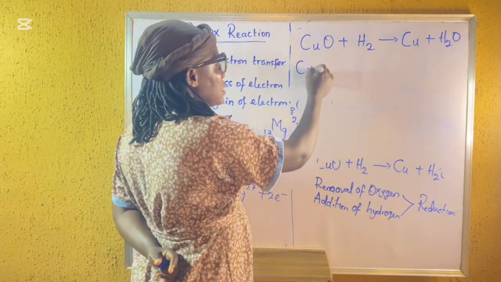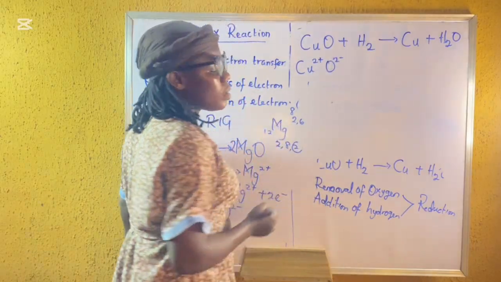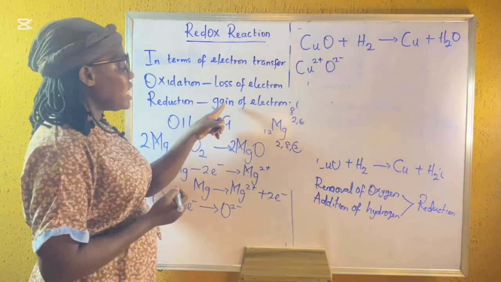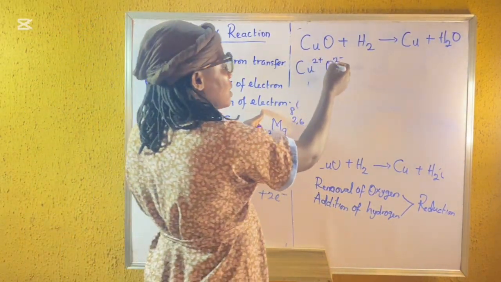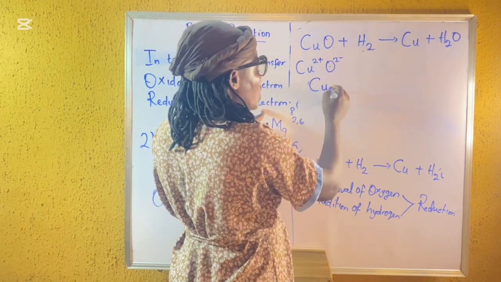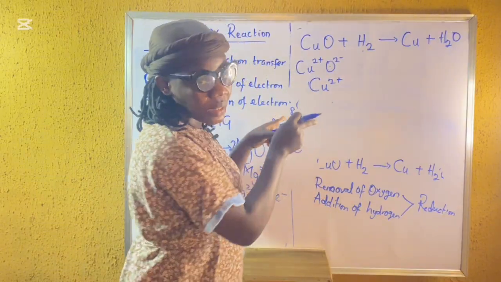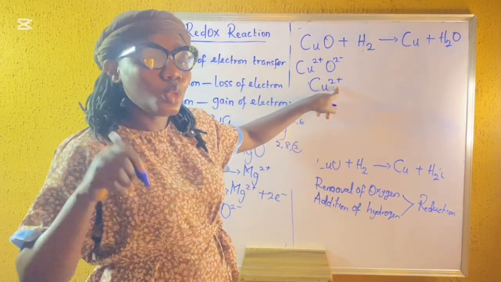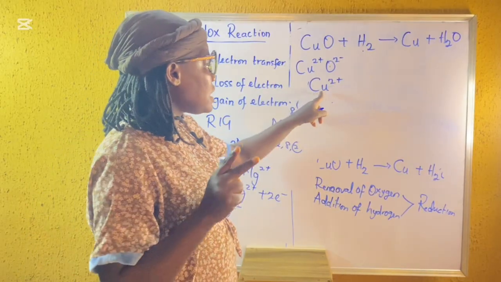You have Cu2+ and O2-. We say that reduction is gain of electron. For oxygen to combine with hydrogen, copper, which is Cu2+, it is carrying a 2+, which means that it has lost 2 electrons. That is why you have Cu2+.